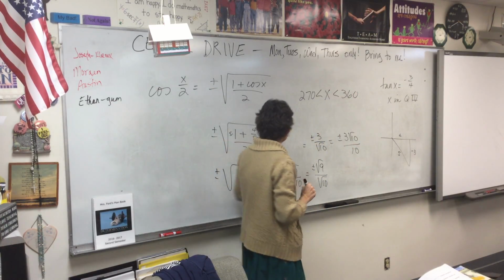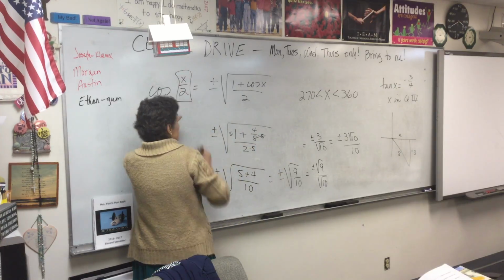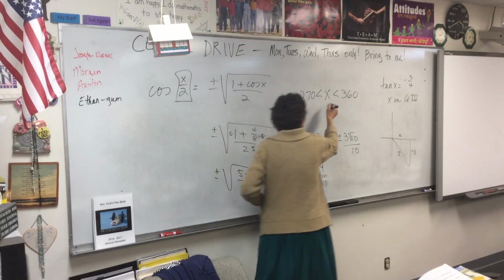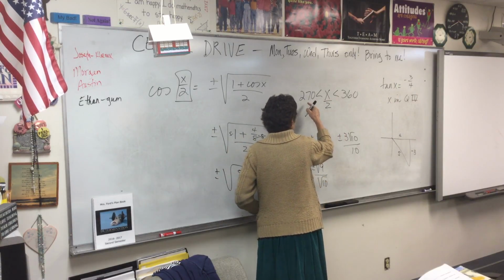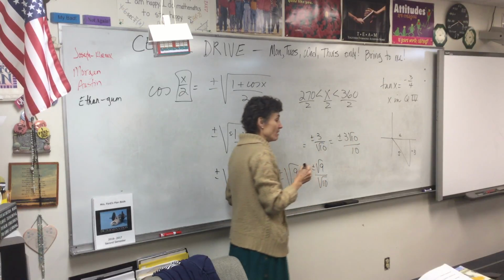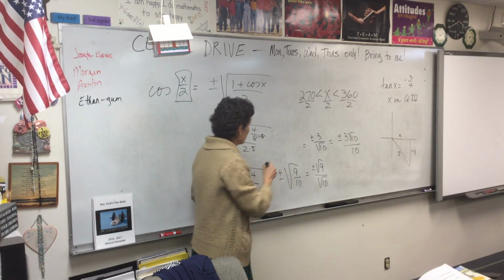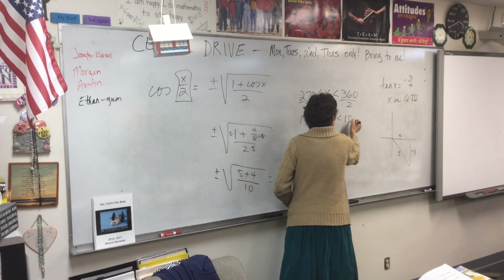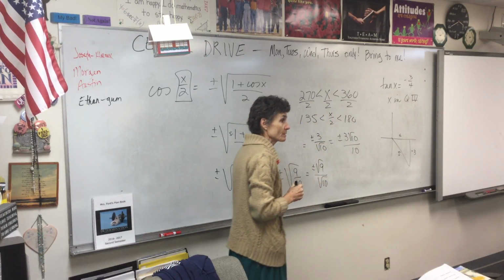Now my question is, though, where is X over 2? So if X is between 270 and 360, then half of it will be between 135 and 180. Would you agree with that?